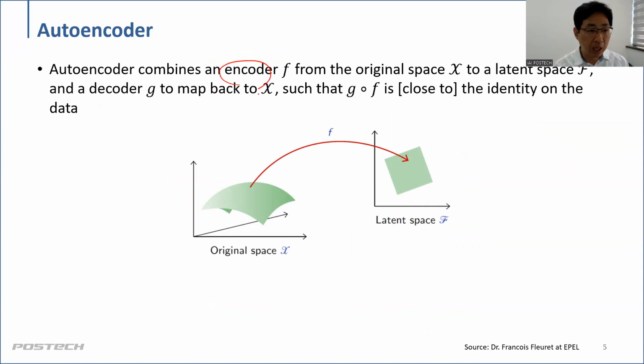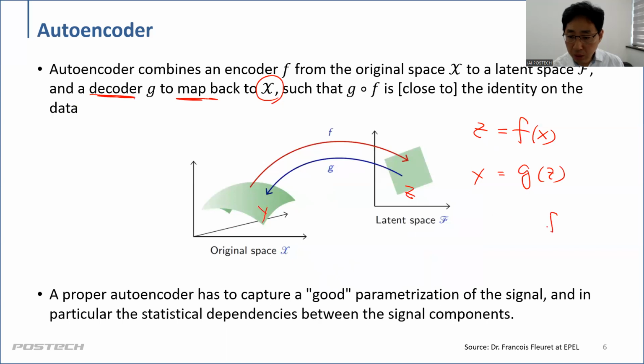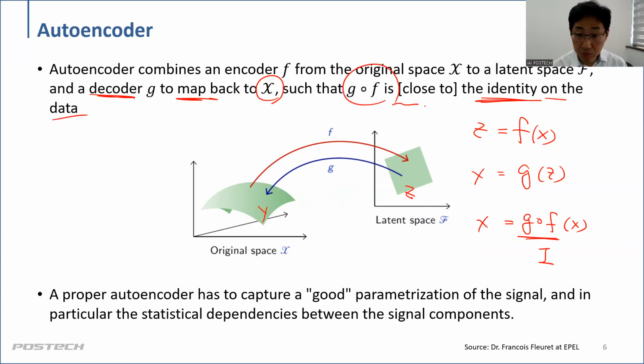It combines the encoder and decoder. The encoder, F, is a mapping, a function from the original space X to the latent space Z. And the decoder is another function that maps back from Z to the original X. That means F maps X to Z, and the decoder maps Z back to X. So if we do the composition, it should be identical, the identity on the data set, or close to it, because everything we talk about is approximation, right?